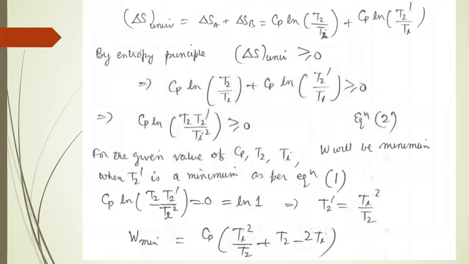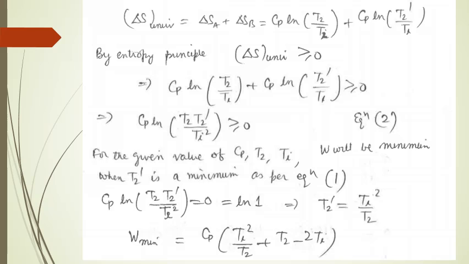So Cp ln T2 upon Ti plus Cp ln T2 dash upon Ti is greater than or equal to 0. This gives us Cp into ln of T2 into T2 dash upon Ti square is greater than or equal to 0. Now for the given values of Cp, T2, Ti, W will be minimum when T2 dash is a minimum.